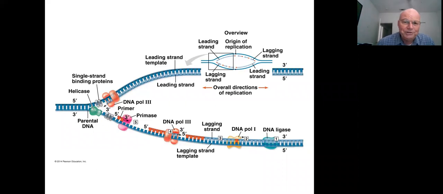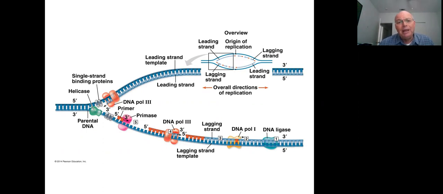Remember, it reads the template strand 3' to 5' and builds the complementary strand 5' to 3'. That's the leading strand, and it is primed once and then copied continuously. For the lagging strand, it has to be primed or reprimed multiple times.